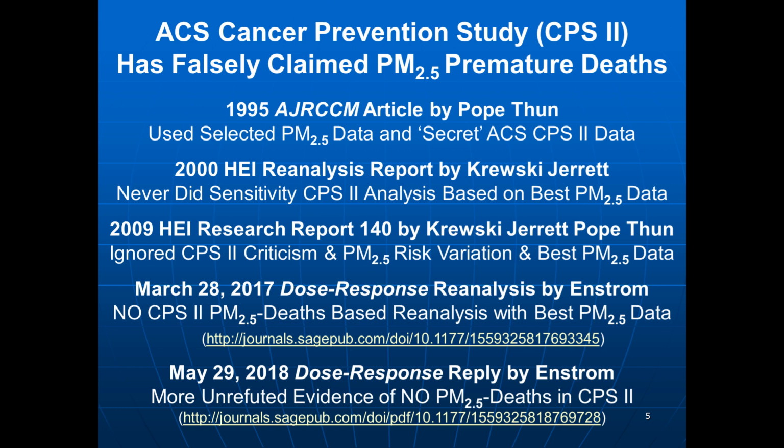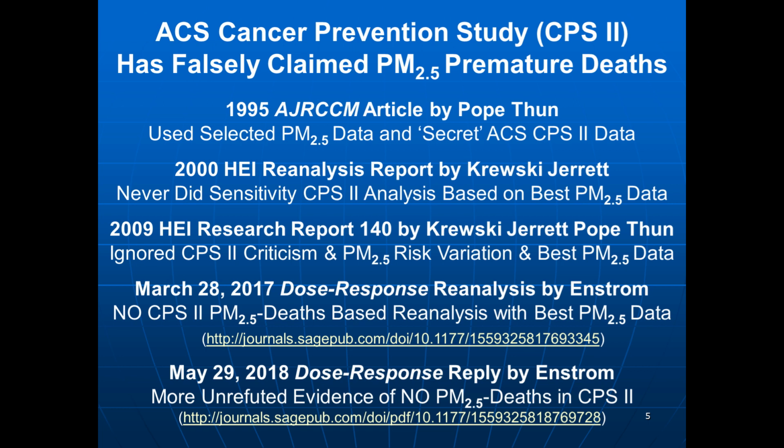But it doesn't show what happens if you try alternative methods of analysis. And they followed this up with a 2009 HEI report, which expanded on the data that was originally published in 1995. Again, they didn't address any of the criticism that had arisen by 2009, which included my publication in 2005. Very unprofessional.